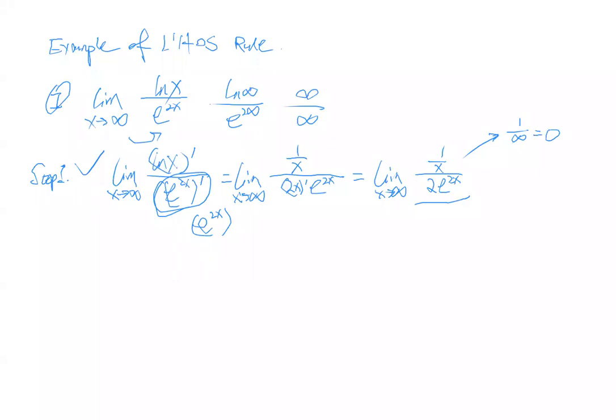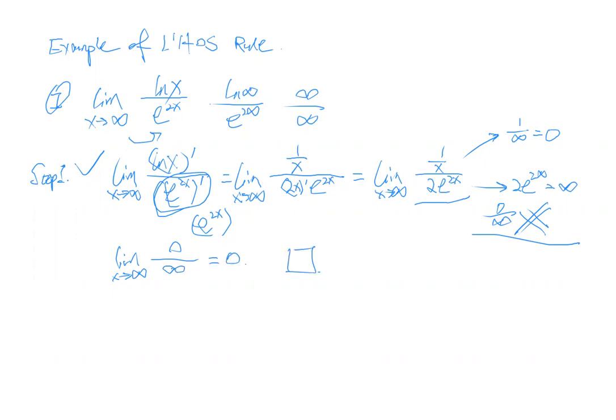For the denominator, you get 2 times e to the 2 infinity, which is still infinity. So now the ratio is 0 over infinity, which means we cannot use L'Hopital's rule now. We can just find the answer. 0 over infinity is 0. So this is the answer.